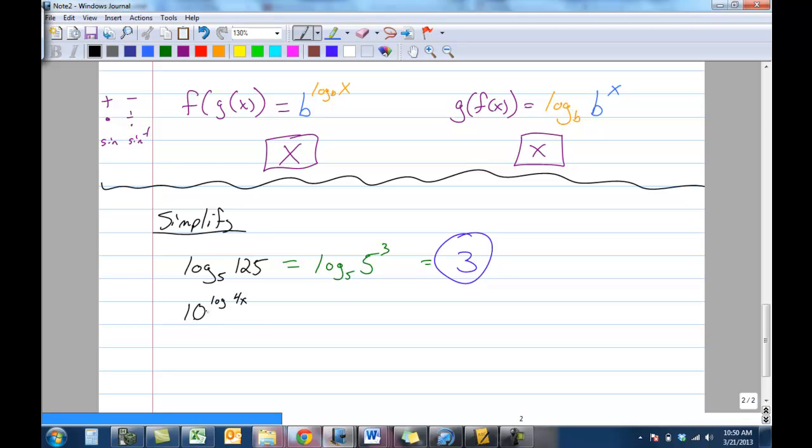This is base 10 raised to the log base. There is no base, so what's the base? Like we talked about before, when there's no base, that's the common log. That's a base of 10. So this is 10 raised to the log base 10 of 4x. 10 to the log base 10 cancel. Our answer is 4x. That's it. I know.